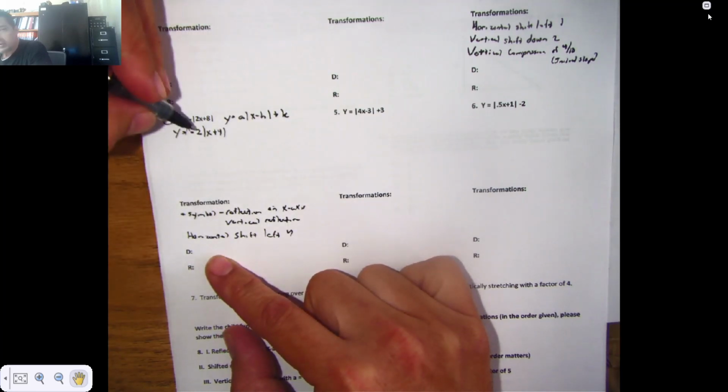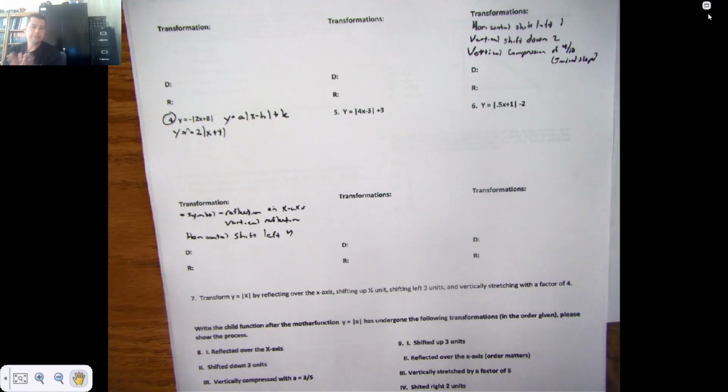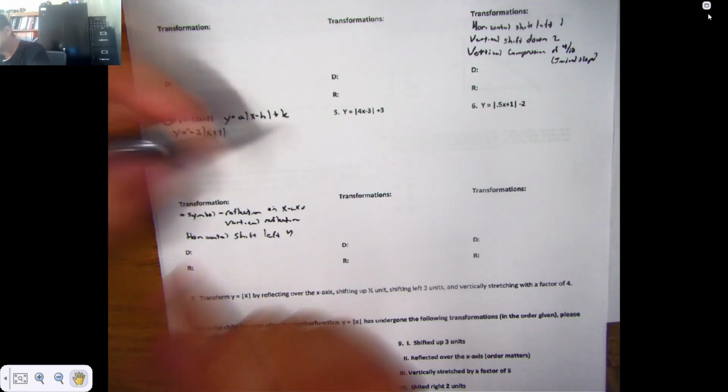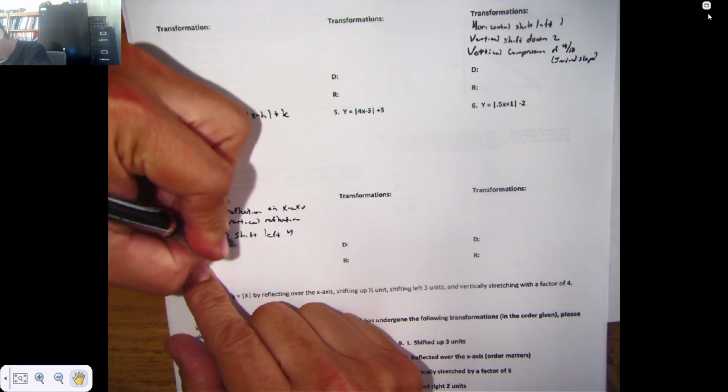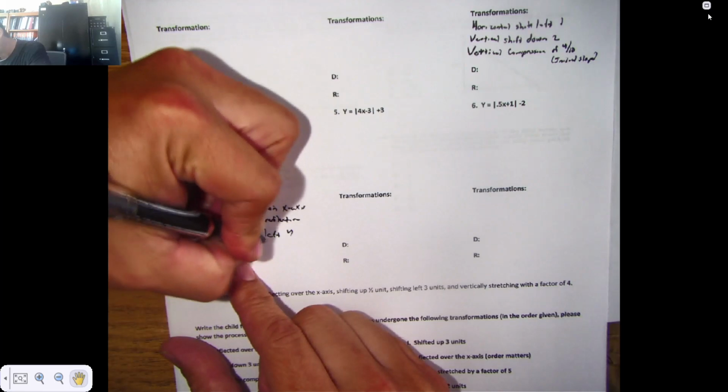I also have one more transformation. This is a vertical stretch. That 2 is a whole number. It's going to make the slope twice as fast. There's a vertical stretch of factor 2.